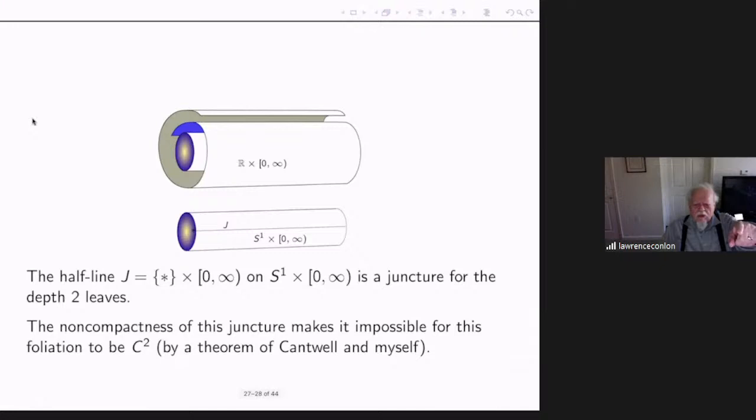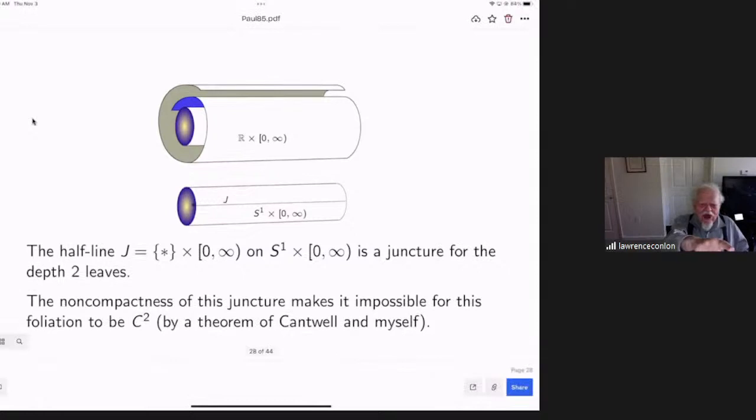The other part of the strip is winding out on a cylindrical segment of the same depth one leaf. It takes a little thinking, but you can more or less picture what's going on if you think about it.